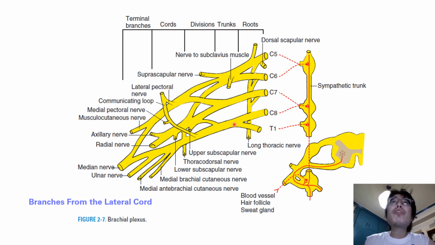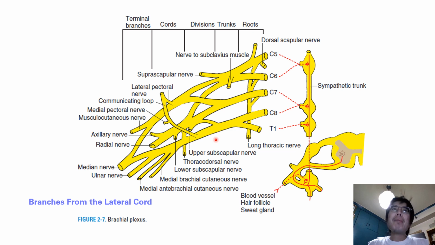The trunks of the brachial plexus continue on as divisions, which are simply either anterior or posterior divisions, depending on their anatomic location. We note that the divisions themselves do not give off any terminal branches or any nerves. The divisions, in turn, continue on as three main cords of the brachial plexus.